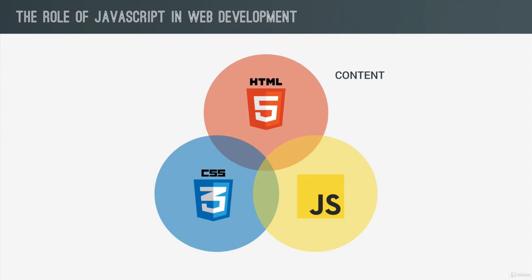Then the CSS, of course, is responsible for the presentation of that content. So basically for styling and for laying out the elements on the web page. And then finally, JavaScript is the real programming language that allows developers to add dynamics into the picture, like interactive effects, manipulation of the content or of the CSS, and much, much more. So again, HTML is responsible for the content, CSS for the presentation, and JavaScript for adding real programming capabilities to websites.